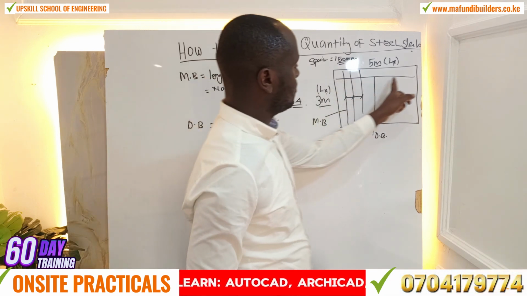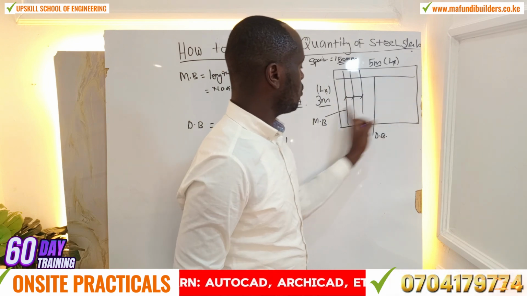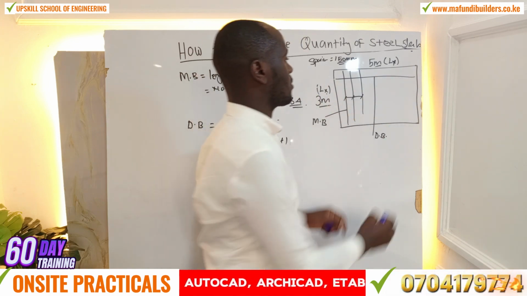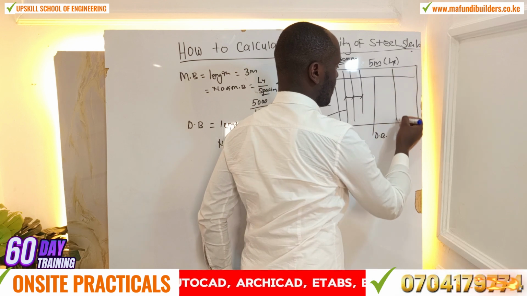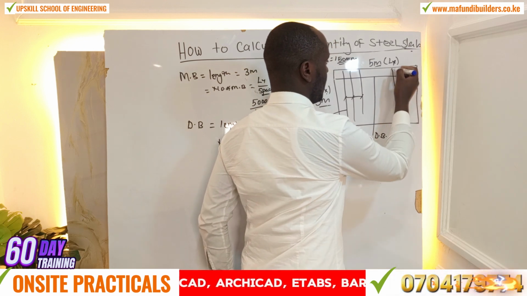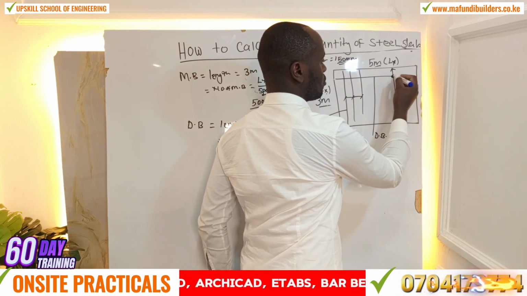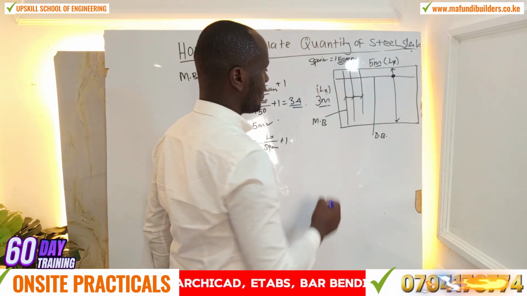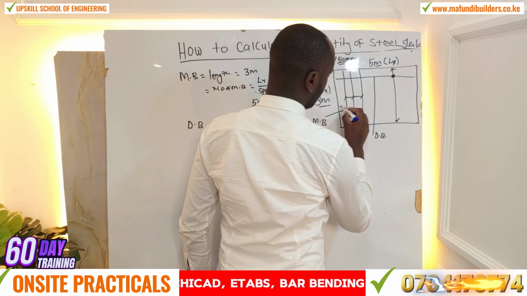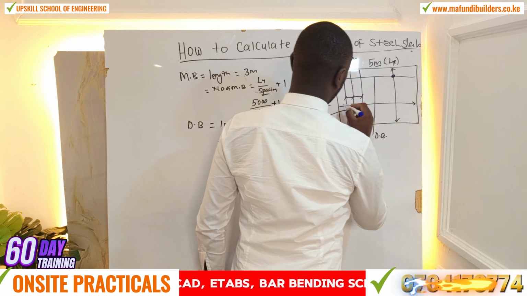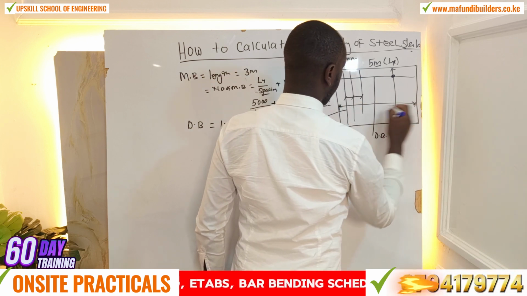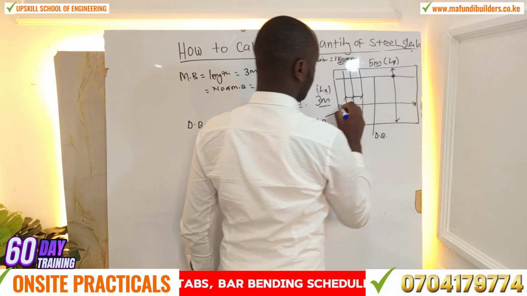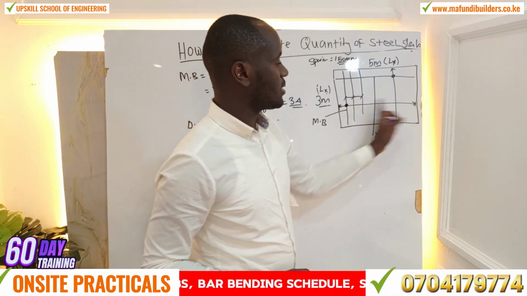Because these bars run in this direction, you're going to divide by this one. Remember that you show like this to show how the bars have been arranged, and you can use the mark there to show the direction of the distribution along that line.